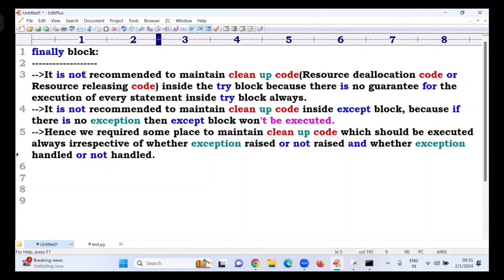Anytime I want it to execute: exception raised, not raised, handled, not handled. Such a type of best place is nothing but the finally block.